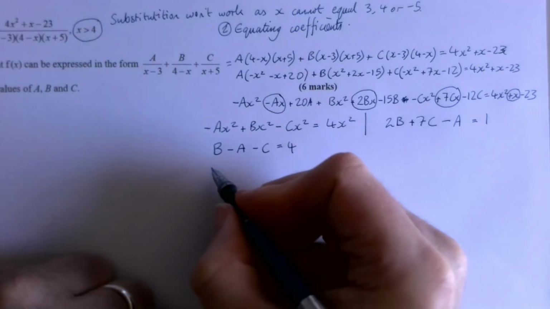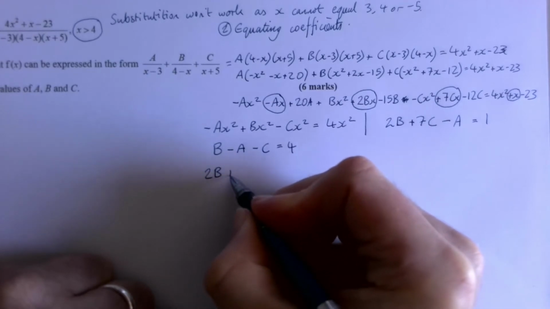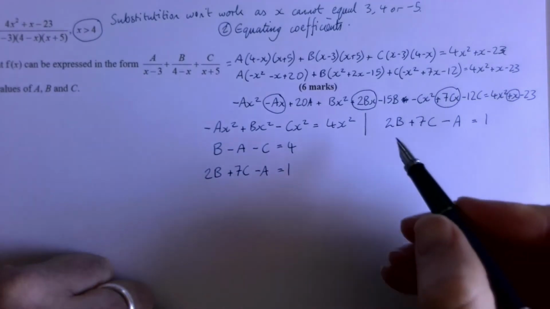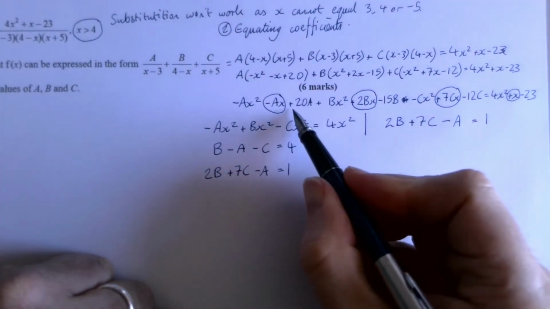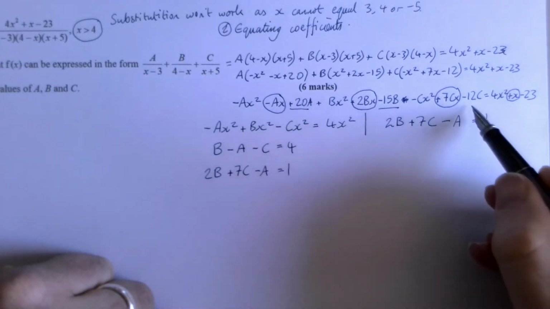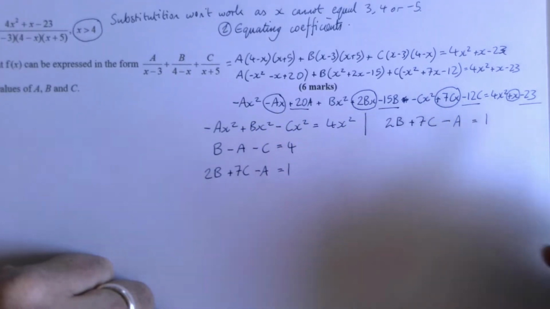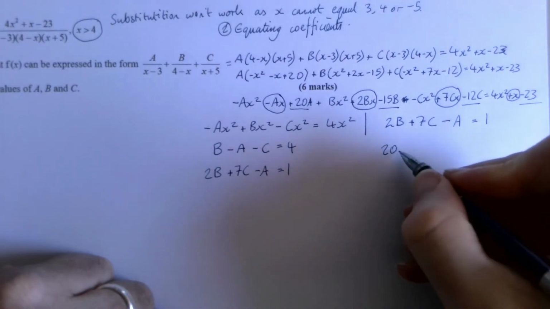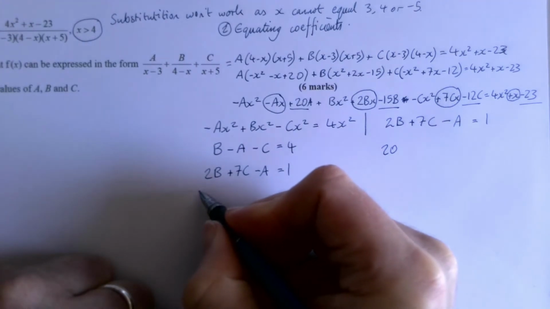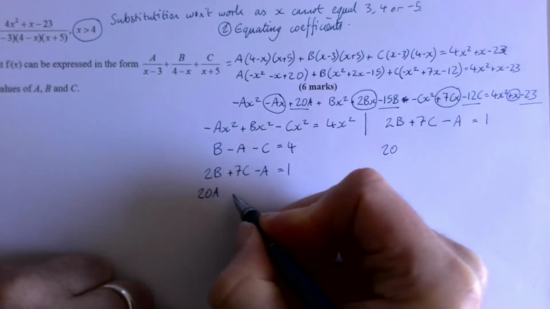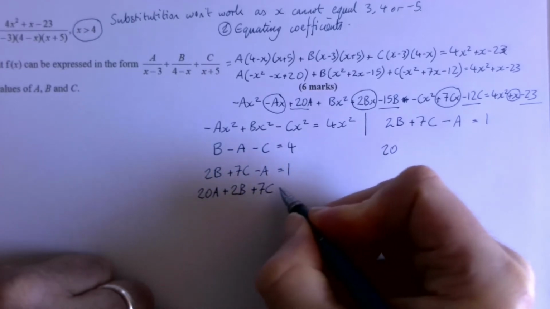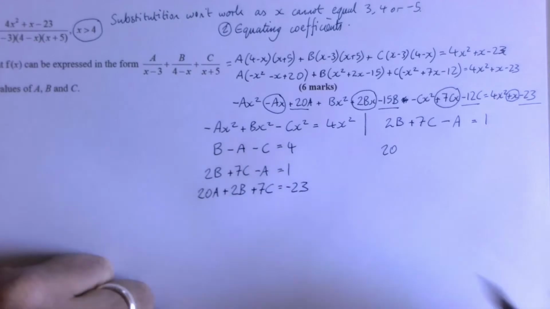I'm going to write that underneath here, 2b plus 7c take a equals 1. And then finally do the same thing just for the constants. So I've got 20a minus 15b minus 12c equals negative 23. So I can just write that one out, can't I? 20a plus 2b plus 7c is equal to negative 23.